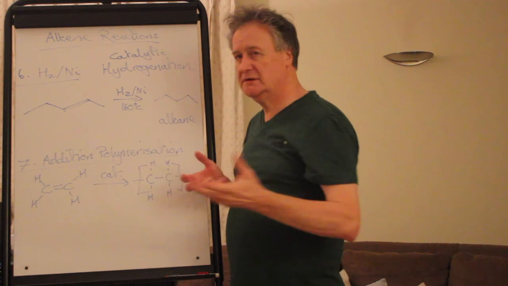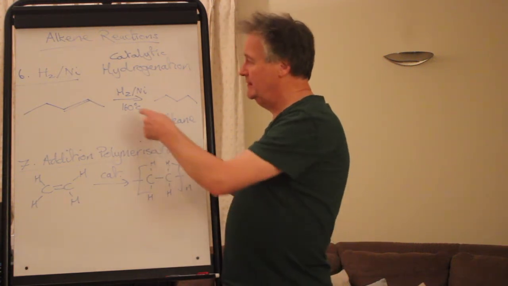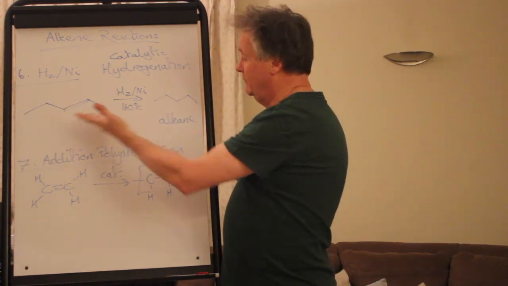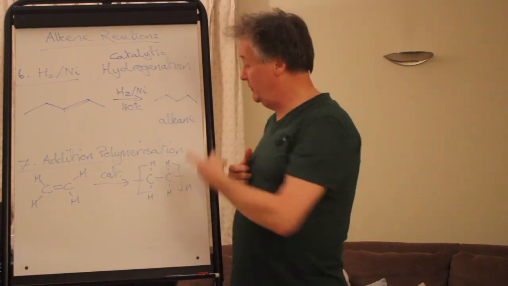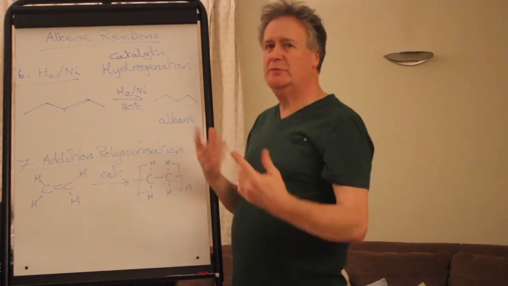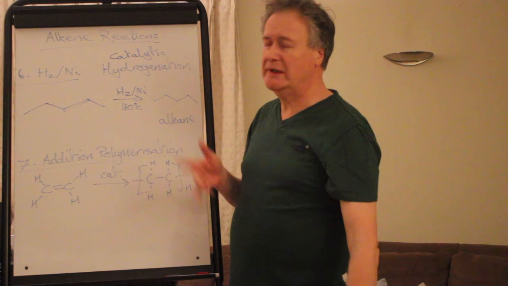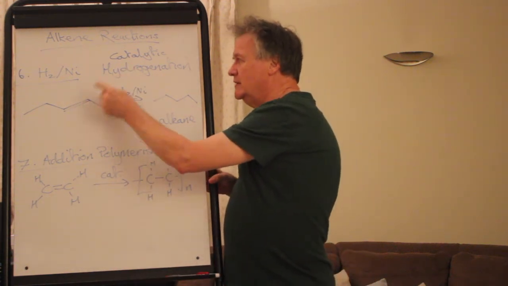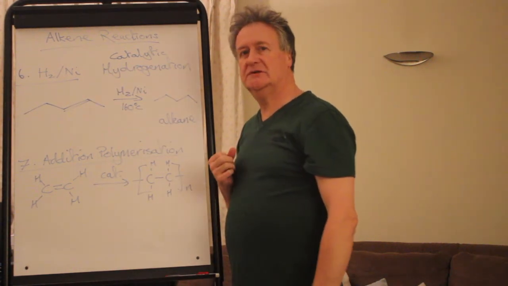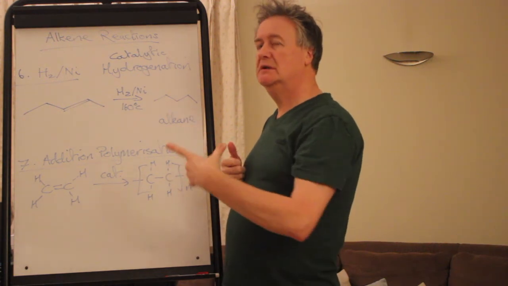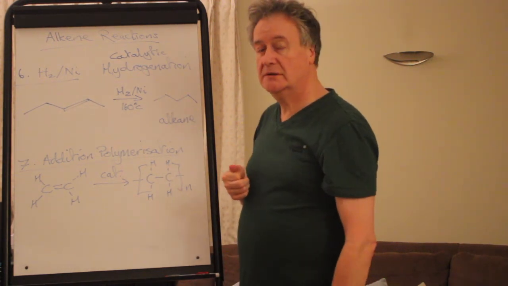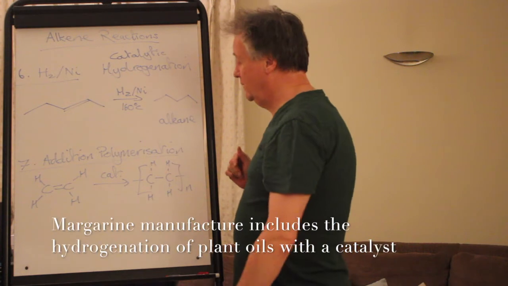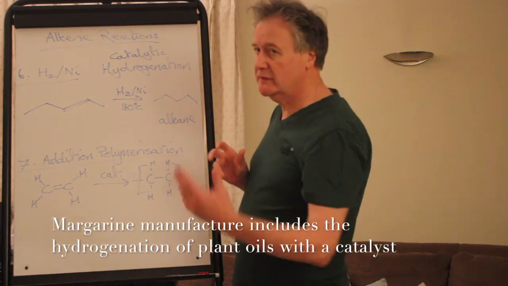I've gone for 160, which is what a number of textbooks use. It turns it into, there were 5 carbons, it's 5 carbons again, but it's now just an alkane. Now you might think, what's the point of that? Alkanes are useless. Yeah, I agree. But this is the reaction that turns plant oils into margarine. So it has an everyday use. Not that you do it yourself, obviously, it's done in a factory.